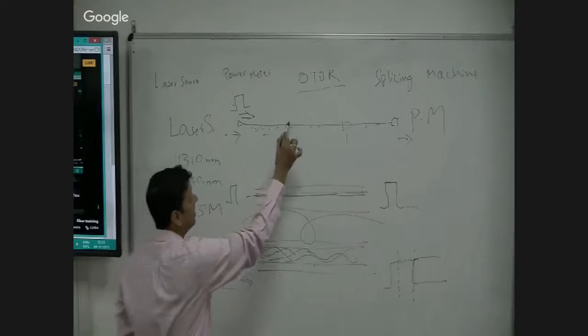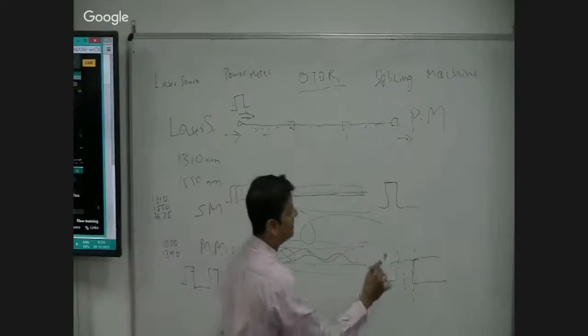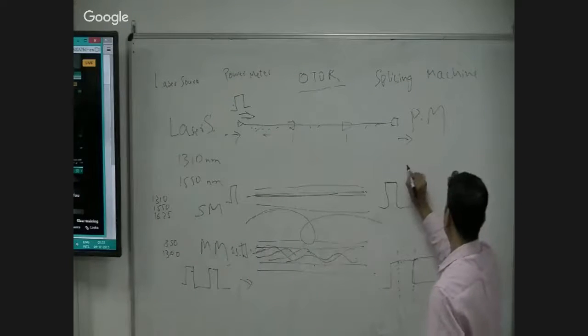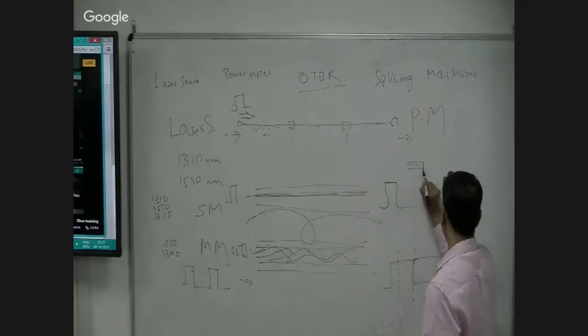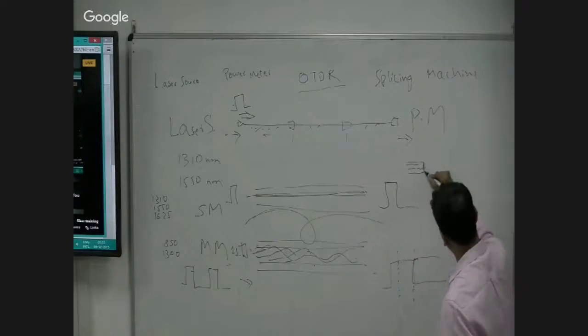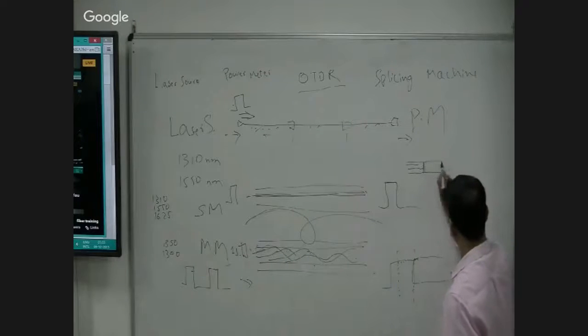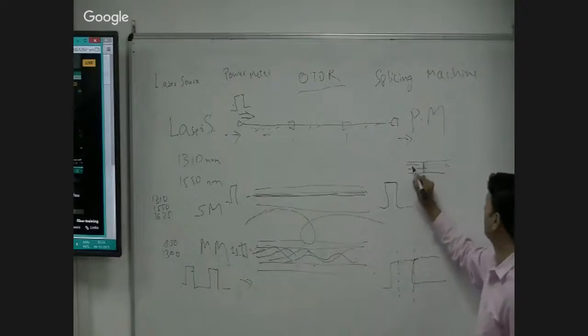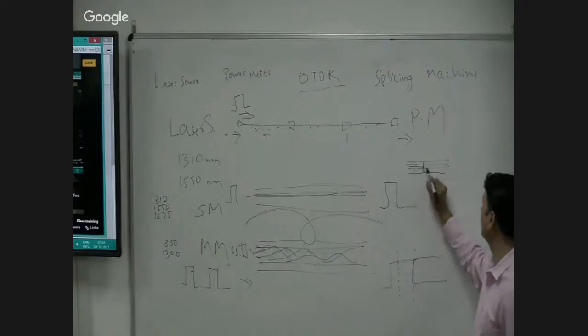And whenever you have a connector, it is like this. So you have light passing through.